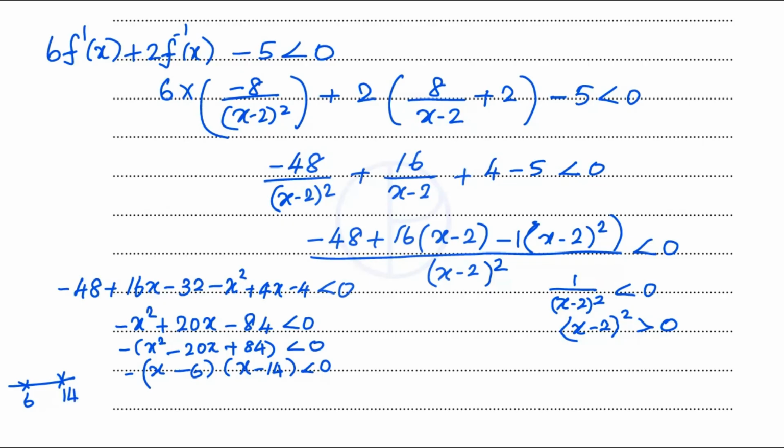The coefficient of x² is positive, so the curve will be something like this, and this being greater than 0 means these portions. So the x value will be less than 6 or the x value will be greater than 14.